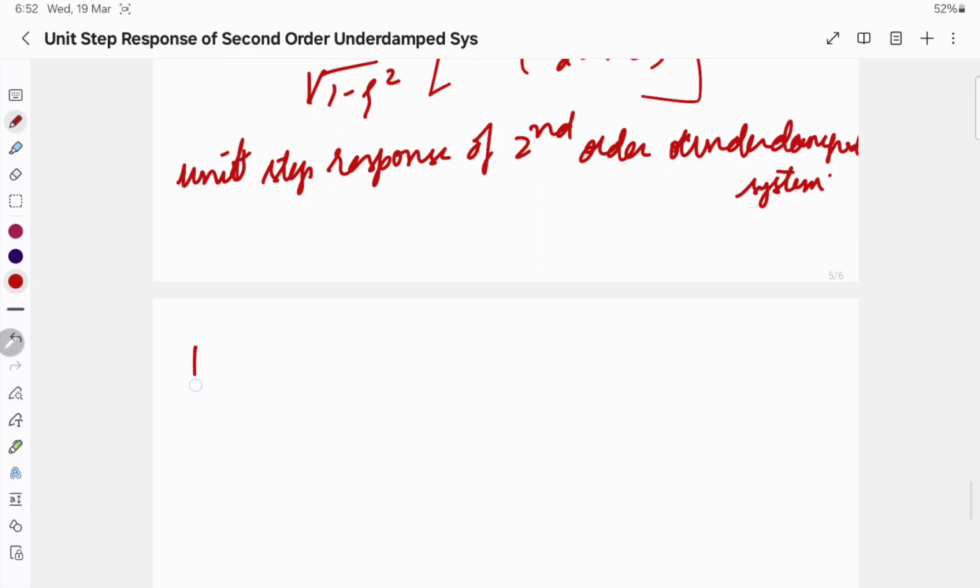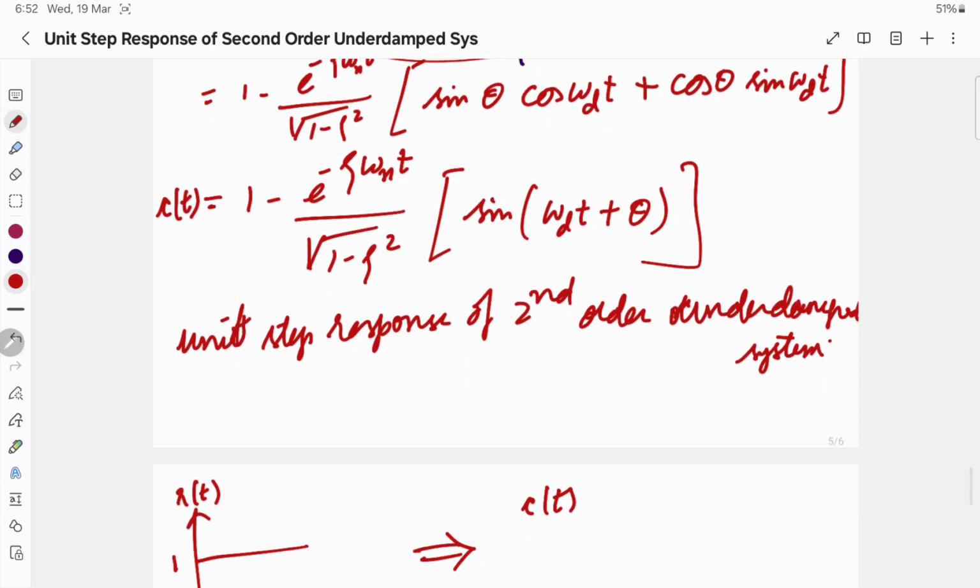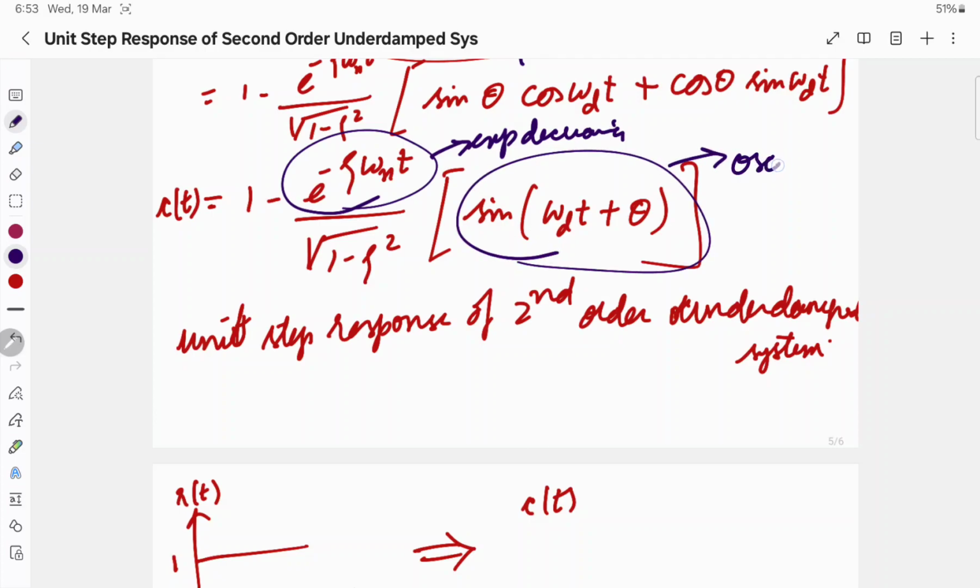Right, now the input is unit step. This is r of t, time domain representation. R of t, input is unit step. For this the output c of t, you can clearly see we have two things. One is the exponentially decreasing. Another we have the sine term which oscillates. Both are multiplied.